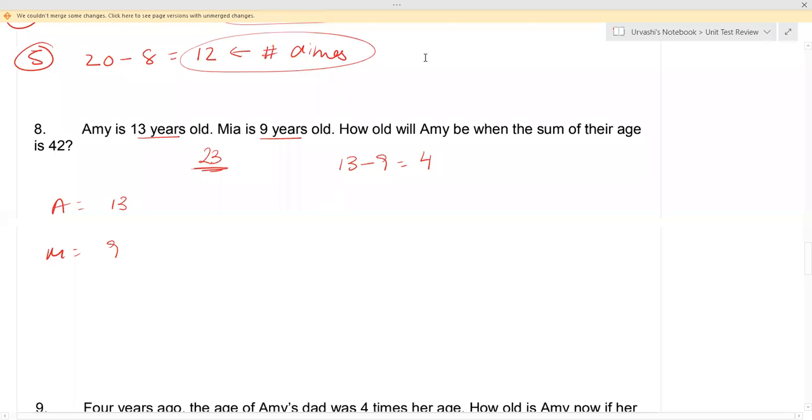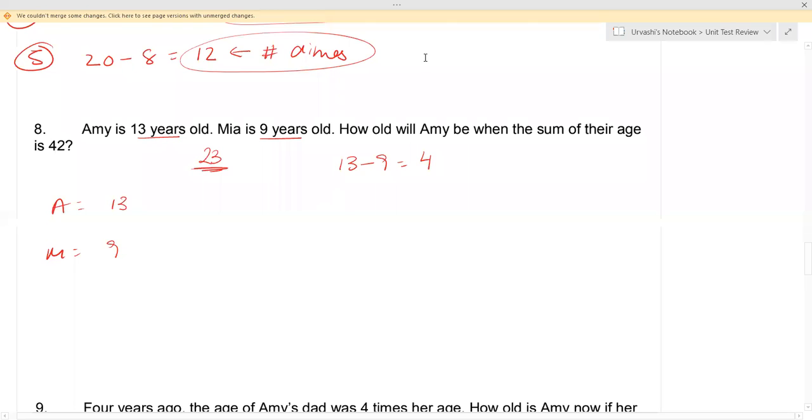The sum is 42. So then I drew a model, and I wrote 13 for Amy, and then I wrote 9.